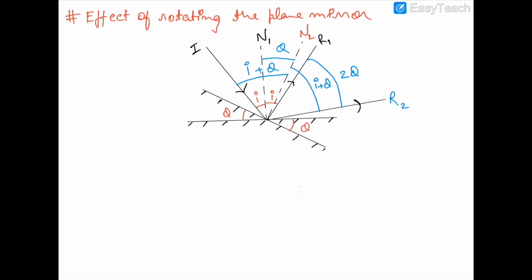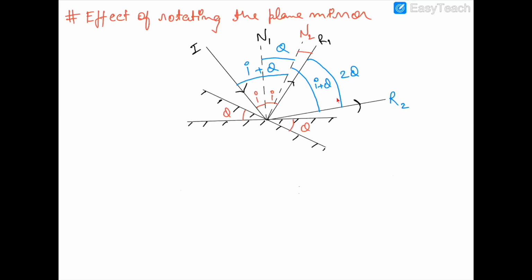Now you can see this small angle between n2 and r1, which I'll highlight with color. This angle is equal to I minus theta, and the other angle is equal to I plus theta.